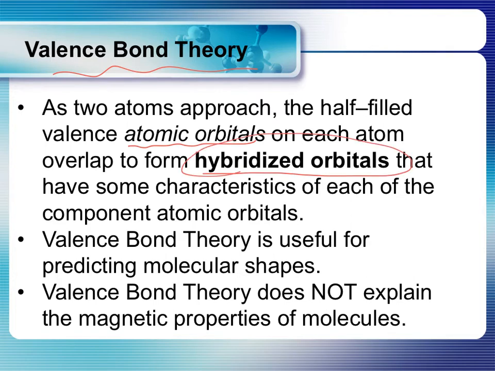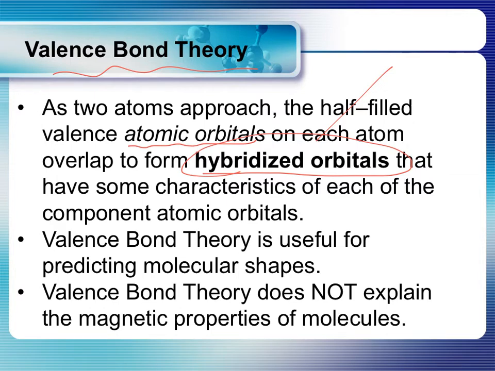And so just like a hybrid in just regular dictionary is a blend of 2 or more things, same thing with hybridized orbitals. Valence bond theory says that as the atomic orbitals overlap, they form new molecular orbitals that are hybrids containing some properties from each of the individual atomic orbitals that overlap.